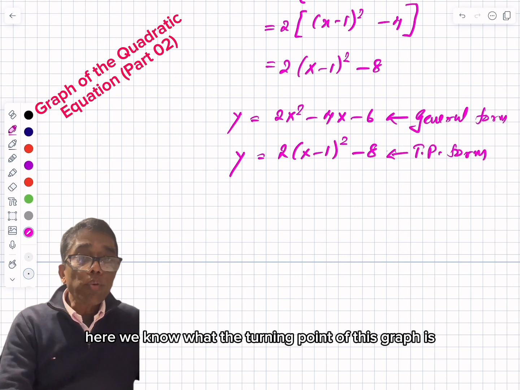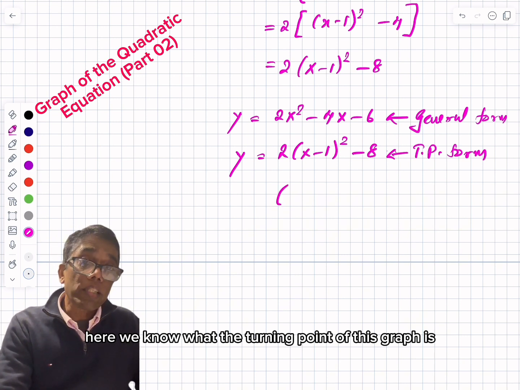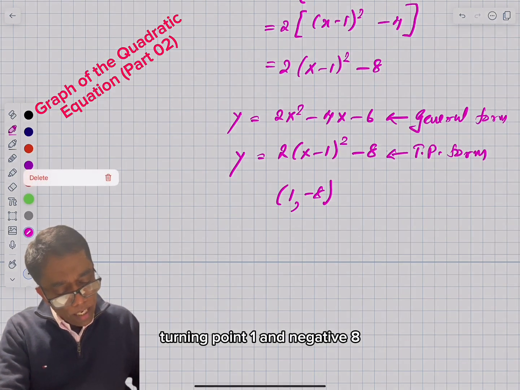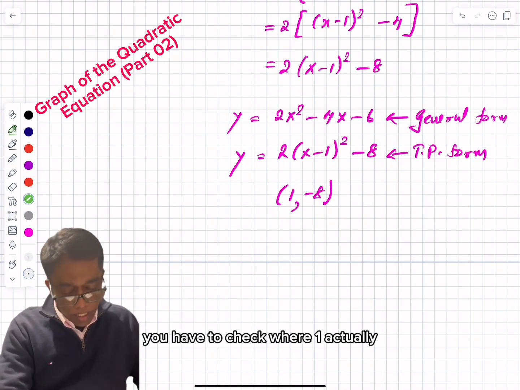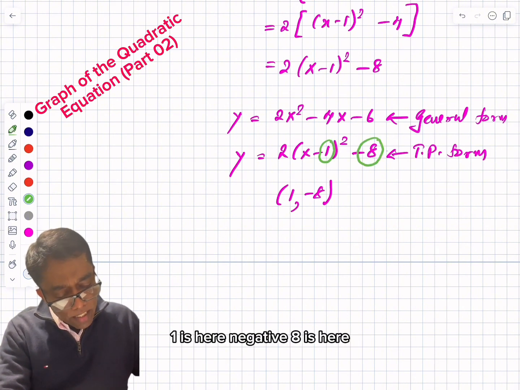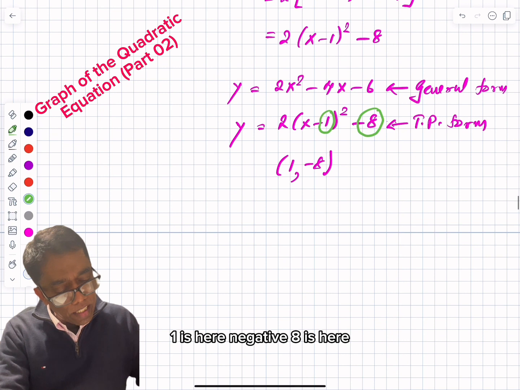Here, we know what the turning point of this graph is. What is the turning point? Turning point (1, -8). We have to check where that is on the graph: 1 is here, negative 8 is here.